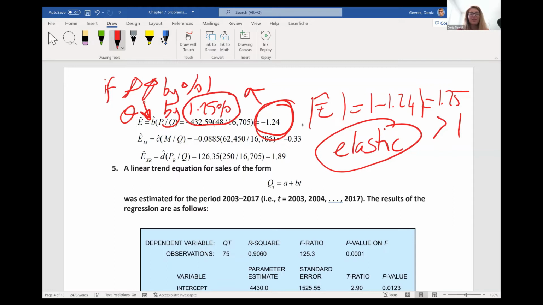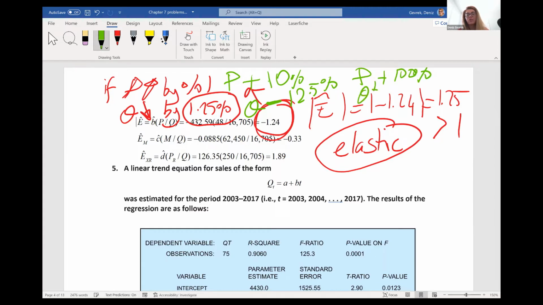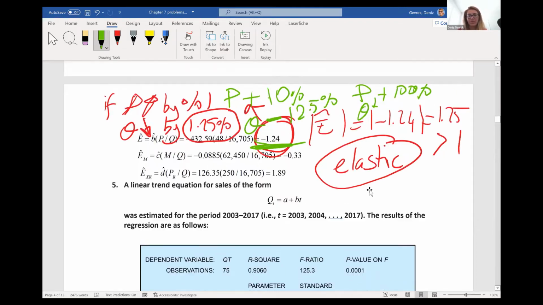So with the same token, a 10% increase in price means quantity sold will go down by 12.5%. What if you double the price? If price doubles, quantity demanded will go down so much that you're going to get into huge trouble. So this is elastic demand. That means this good has a lot of substitutes.